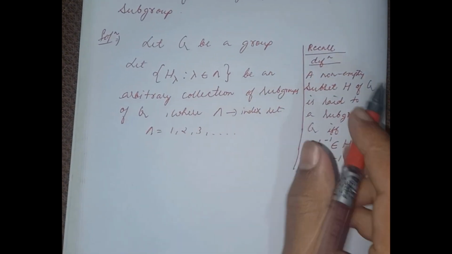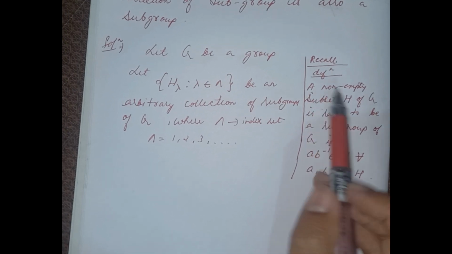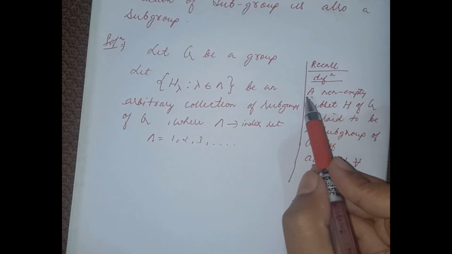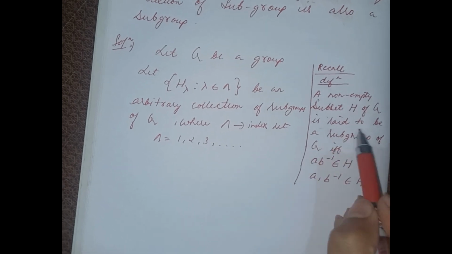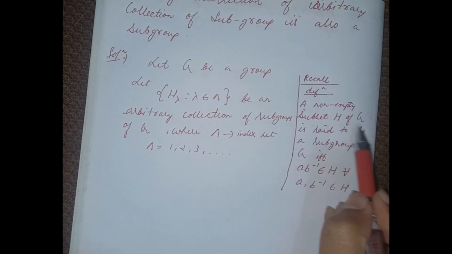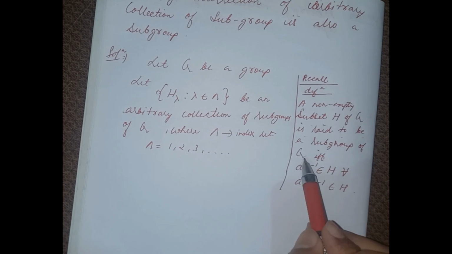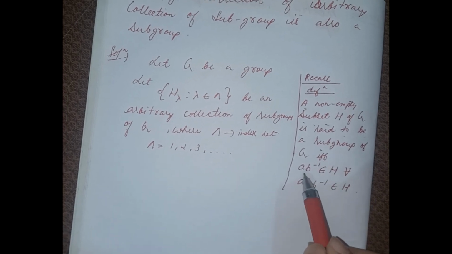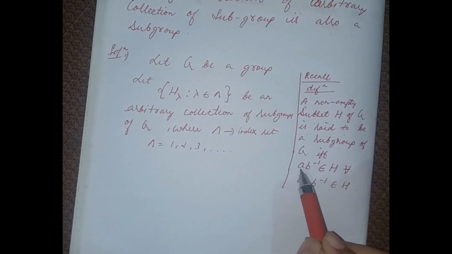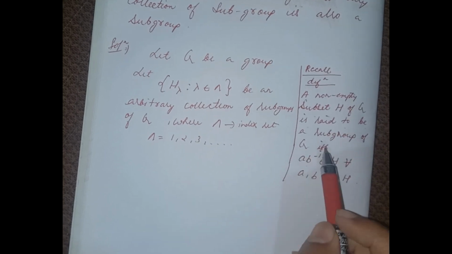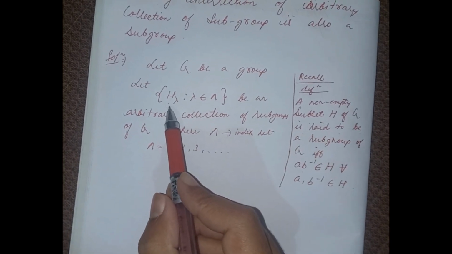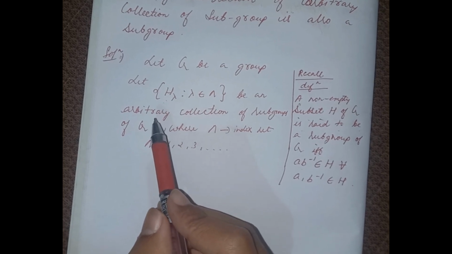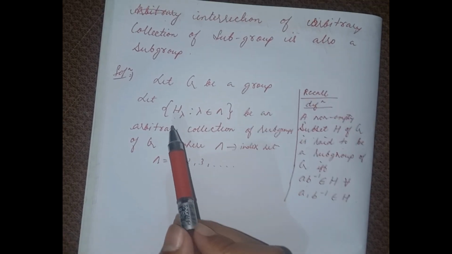So now, according to the definition, a non-empty subset H of G is said to be a subgroup of G if and only if AB inverse belongs to H. So first of all, what was the condition? Since this is already a subgroup, now we have to take the intersection.